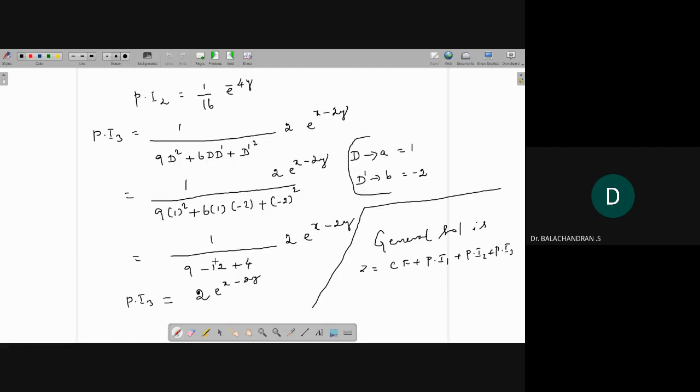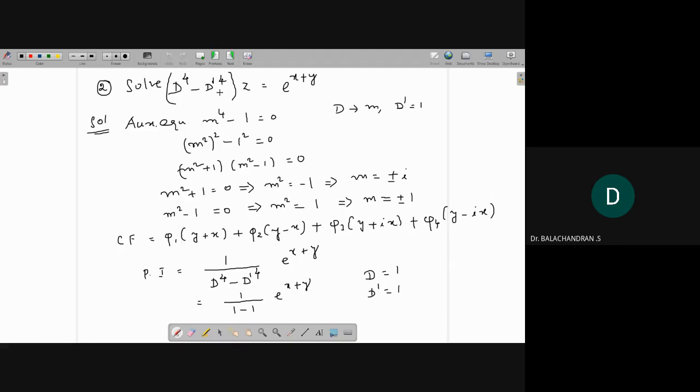If you simplify the denominator, you'll get 9 - 12 + 4, so 13 - 12 is plus 1. So PI3 is 2e^(x-2y). The general solution is z equals CF plus PI1 plus PI2 plus PI3. So this is the procedure.